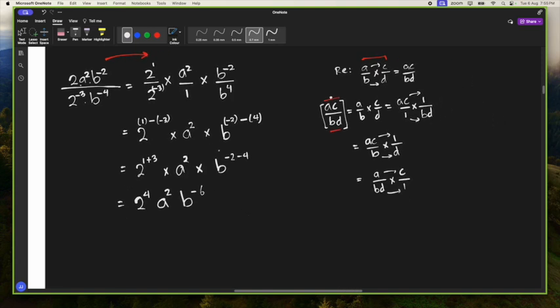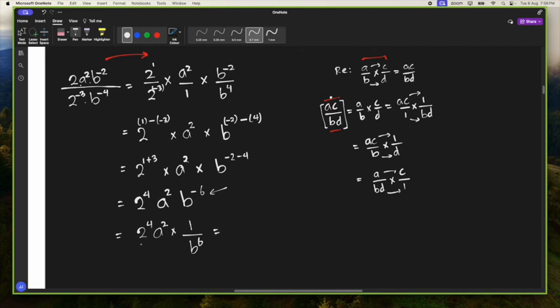But I remember, I don't want any negative powers. So I will keep the 2 to the 4 and the a squared, multiplied by 1 over b to the power of 6. That is what the negative power means.